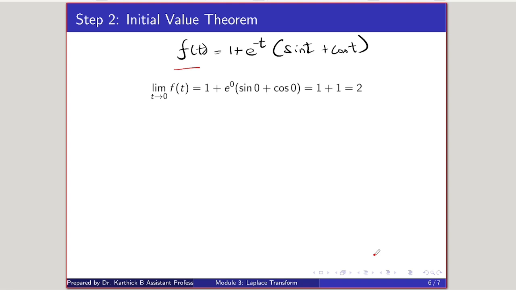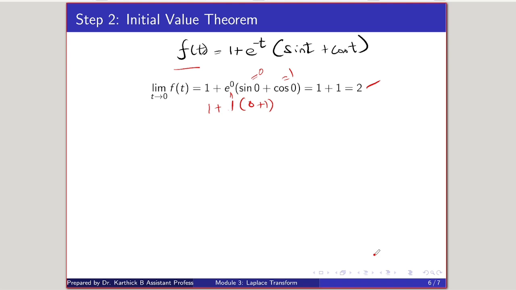That will be the LHS part of the initial value theorem. So I will substitute t as 0. It becomes 1 plus e power 0 into sin 0 plus cos 0. We know that sin 0 is 0, cos 0 is 1, e power 0 is 1. So 1 plus 1 into 0 plus 1, it becomes 1 plus 1 equal to 2.